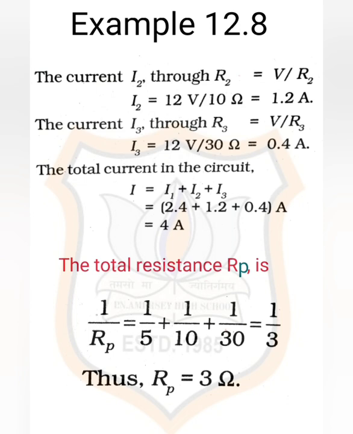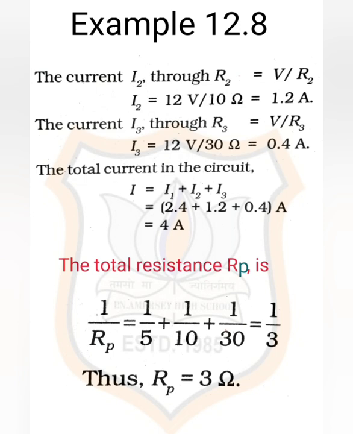Then the current I3 through resistor R3, and the formula will be V upon R3, where V will be 12 volts as voltage is constant throughout, and resistance will be 30 ohm. It gives 0.4 ampere. So the total current will be I1 plus I2 plus I3, which is 2.4 plus 1.2 plus 0.4 ampere. That is 4 ampere, the total current.